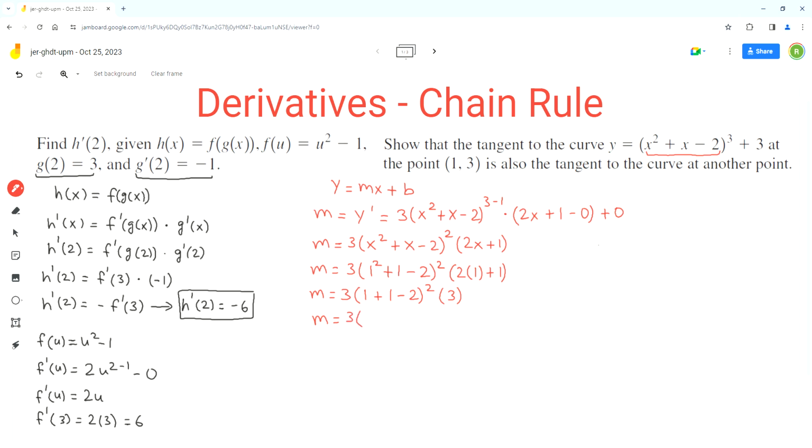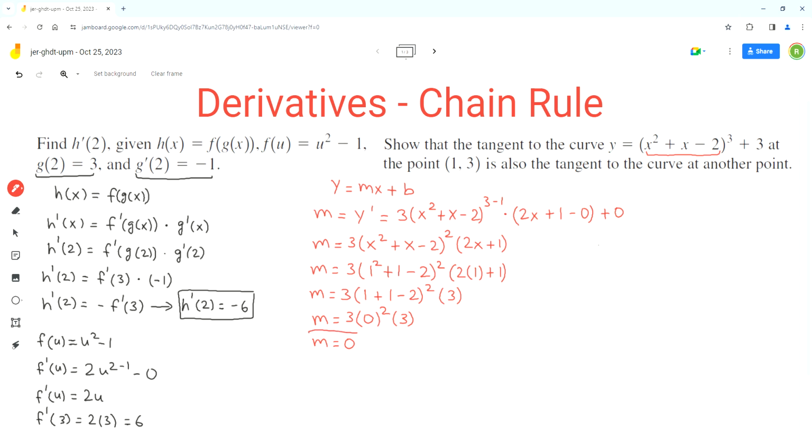So 1 plus 1 is 2 and 2 minus 2 is 0. So that makes the whole expression equal to 0 because 0 squared is 0, and 3 times 0 is 0, and then 0 times 3 is 0. So that means the slope of the tangent at the given point (1, 3) is 0.